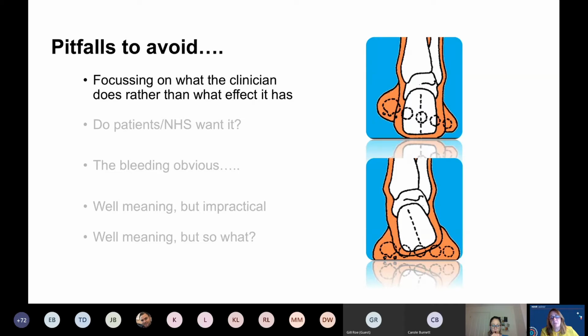A lot of what we did back then was draw lines on people and measure things, and we thought that by measuring, we would be able to make orthoses, orthotic devices that would control how people walked in a very precise manner. And by the way, this isn't just something that happens to podiatrists. I know physiotherapists and occupational therapists are just as bad at focusing on measurement.